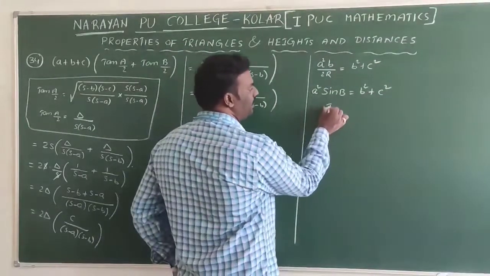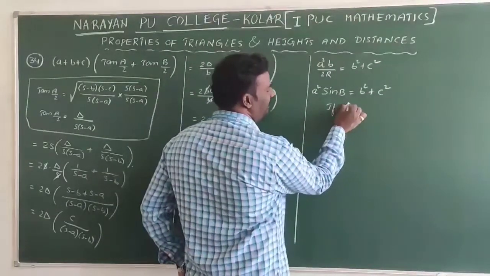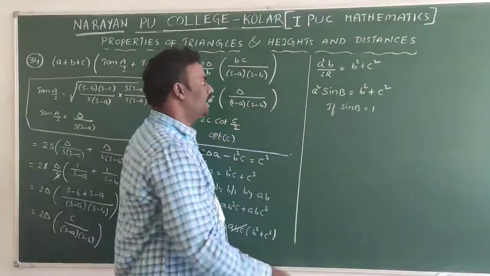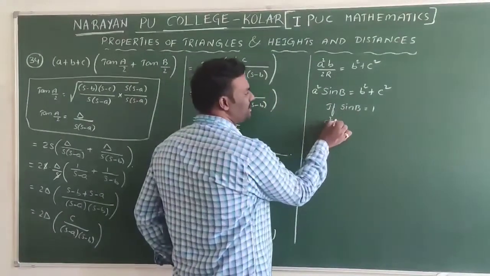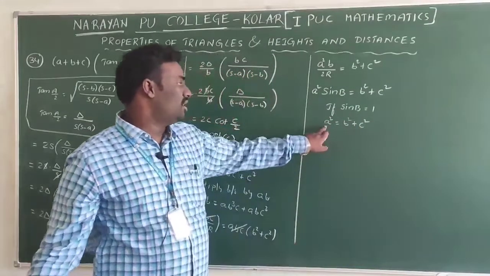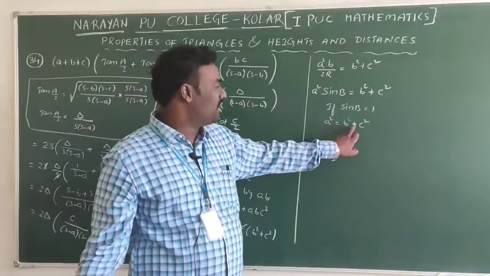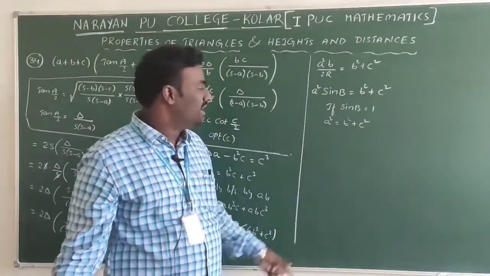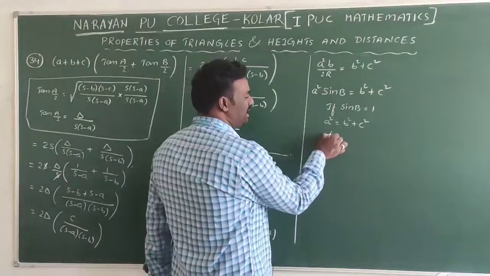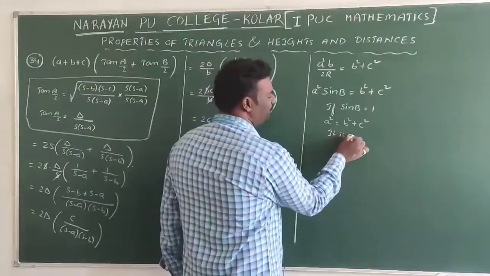Here, if I take sine B value as 1, the expression changes to A square is equal to B square plus C square. That is nothing but the square of the hypotenuse is equal to the sum of squares of the remaining two sides. That is nothing but a right angle triangle, but in the question that is not mentioned, so it is not possible.